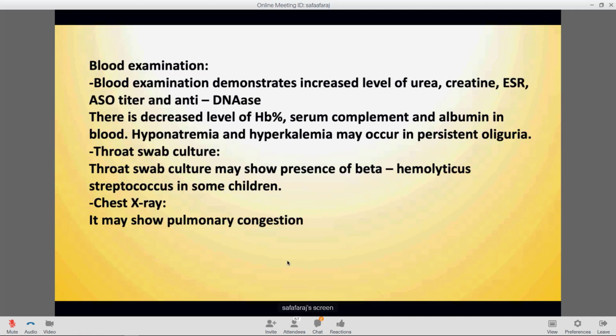Hyponatremia and hyperkalemia may occur in persistent oliguria, which is one feature of acute renal damage or renal failure. Throat swab culture is positive for Group A beta-hemolytic streptococcal bacteria. Chest X-ray shows pulmonary congestion, which is one presentation of acute renal failure.